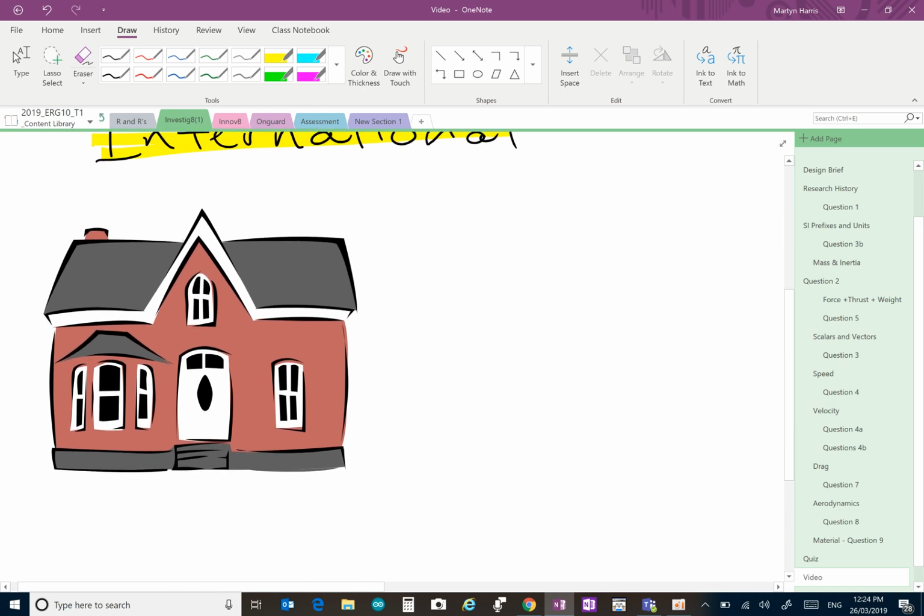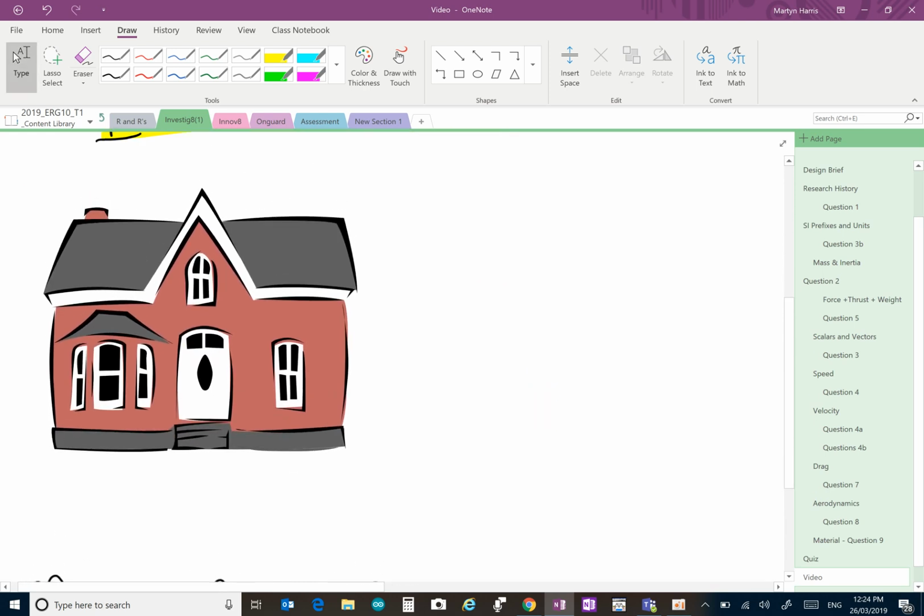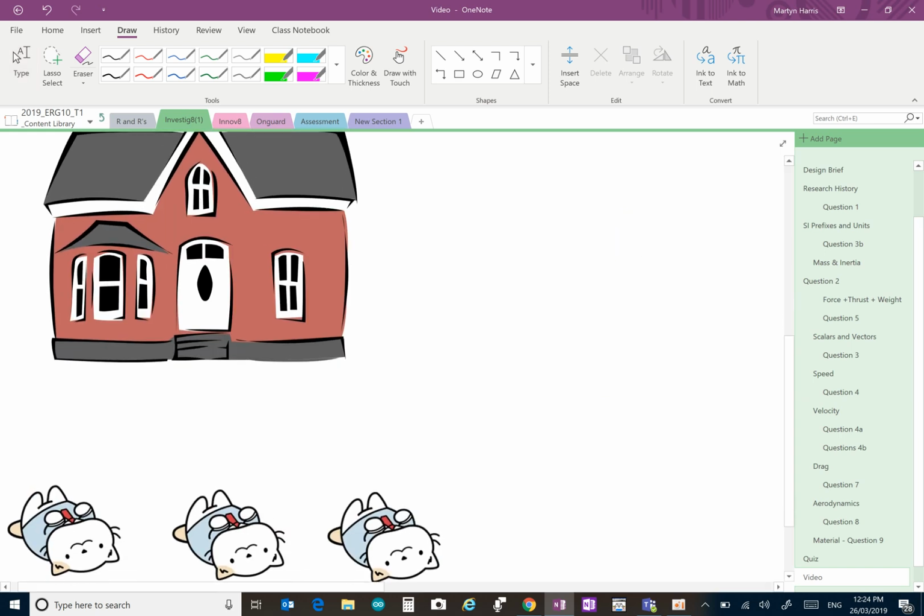Now, here's a house, and I want to work out how wide the front of this house is. Now, I don't have any particular units, so what I thought would be a good idea is that I work out how wide this house is by kittens, because kittens are sort of cute.